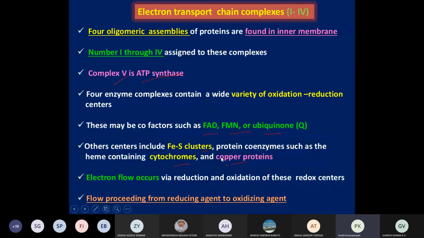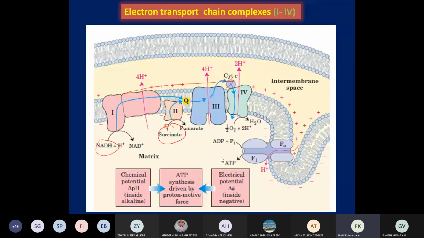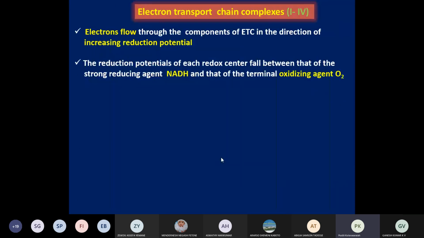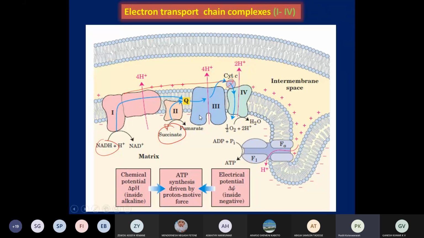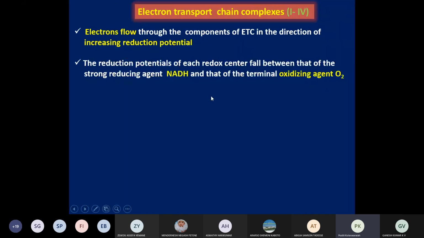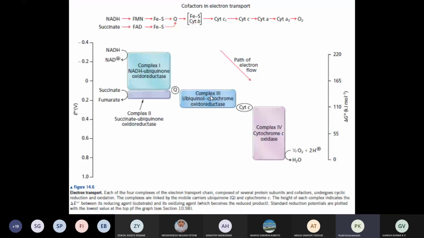This unidirectional electron transfer is possible because in the electron transport chain, all the complexes, that is complex 1, 2, 3, 4, are arranged in such a way that they start with the negative redox potential and go to the positive redox potential.